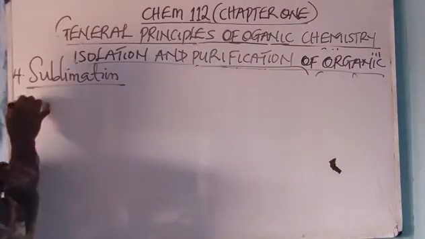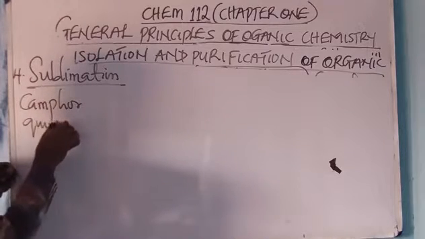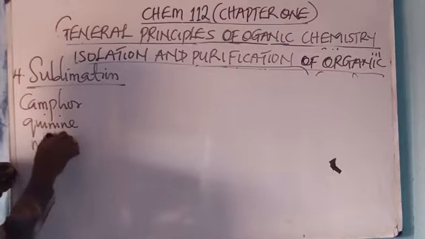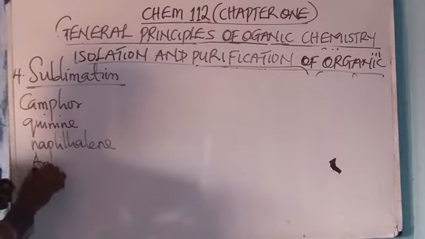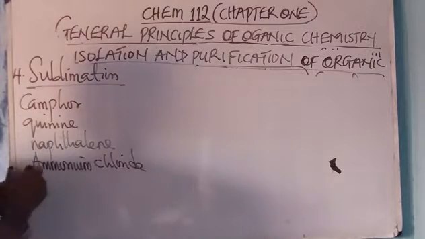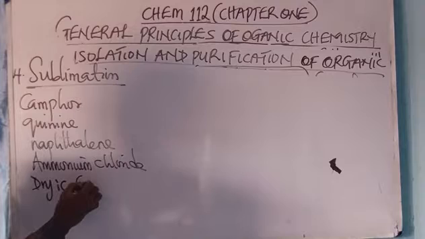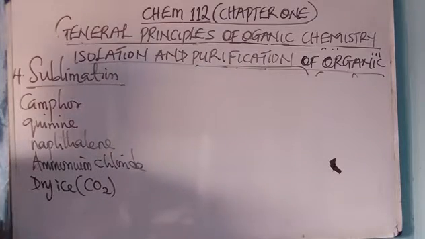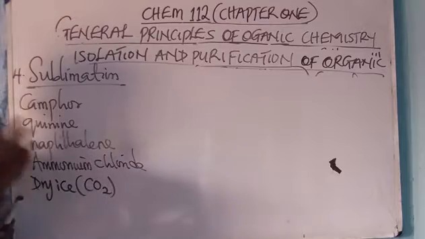It means that, for example, camphor, quinine, naphthalene, ammonium chloride, and dry ice, that is carbon IV oxide, can all undergo sublimation.